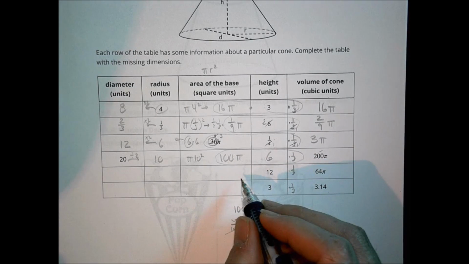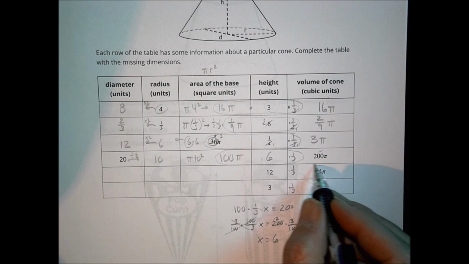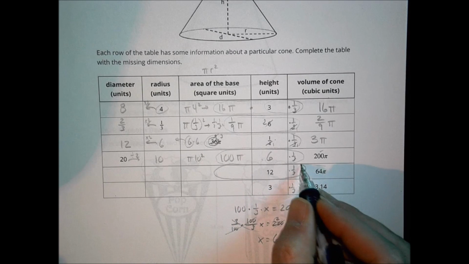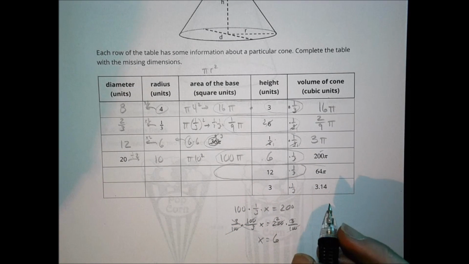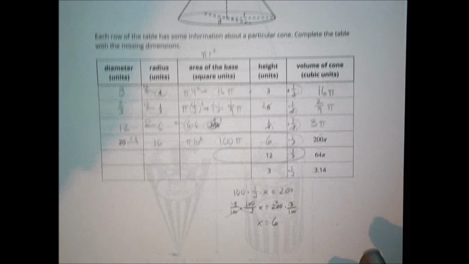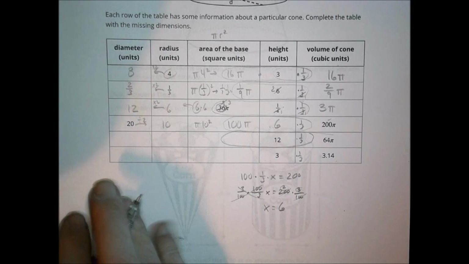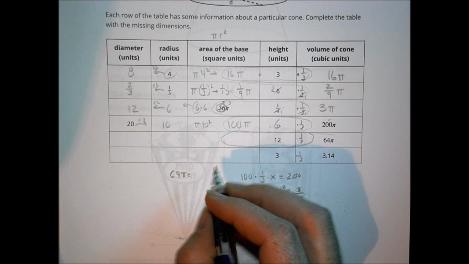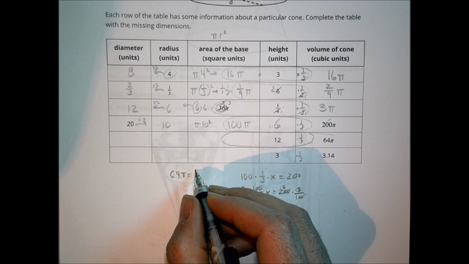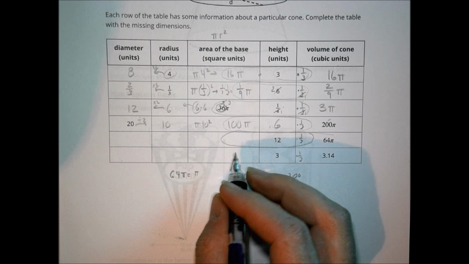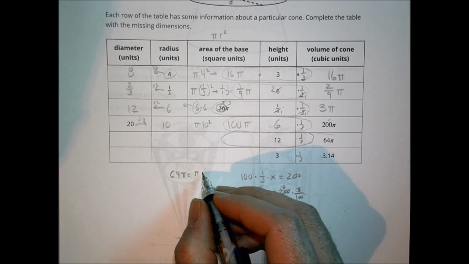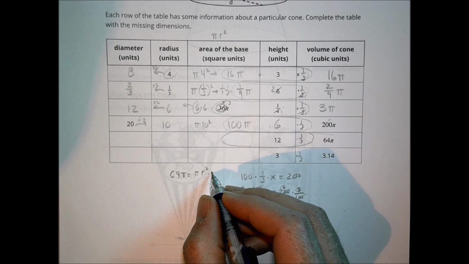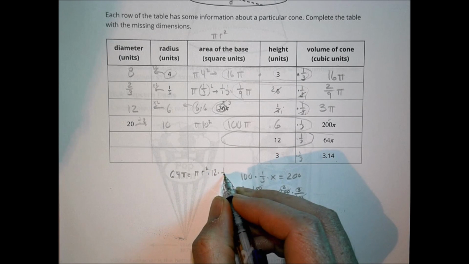All right, coming back this way, we know that I'm looking for the area of the base. All right, I'm missing something there. So as I write this as an equation, I know that my volume is 64 pi, and that equals pi times the radius squared times the height times the 1/3.